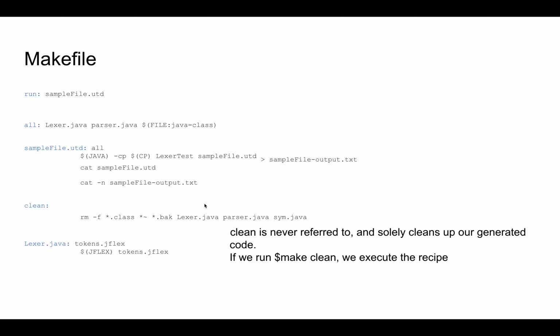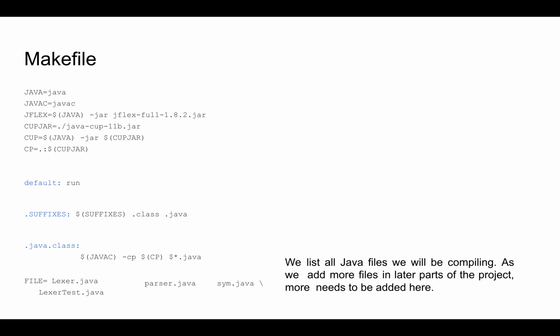And here we also have a clean recipe, which, if you run make clean, will clean up all the generated files and give you a clean project. And yeah, here is this file variable. At this point, we don't need to do anything here, but in later projects, if you create more Java files, you will need to add them here.